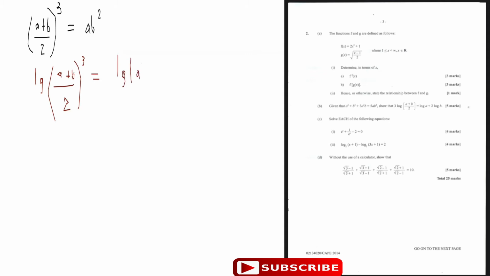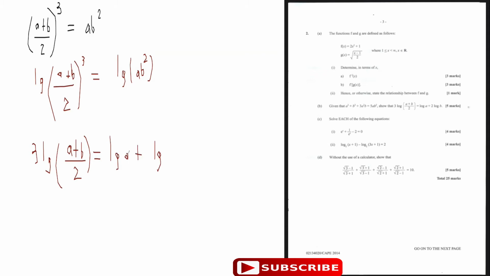So if the log of a plus b over 2 all cubed is equal to log of ab squared, then if I carry down the power, that means 3 times the log of a plus b over 2 must be equal to, I can separate this now as the log of a plus the log of b squared.